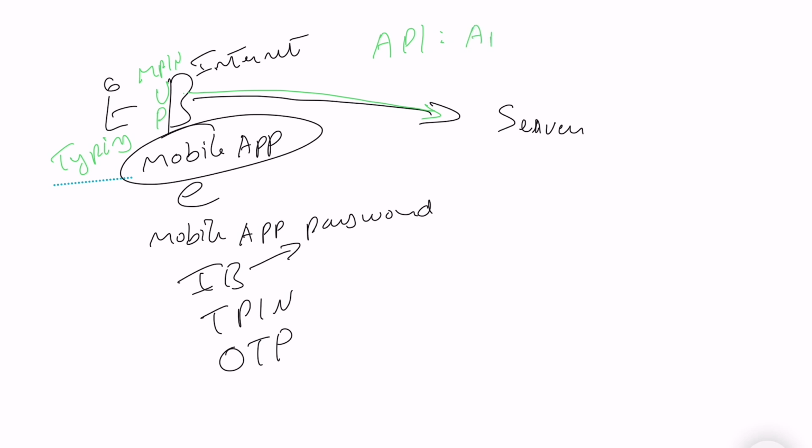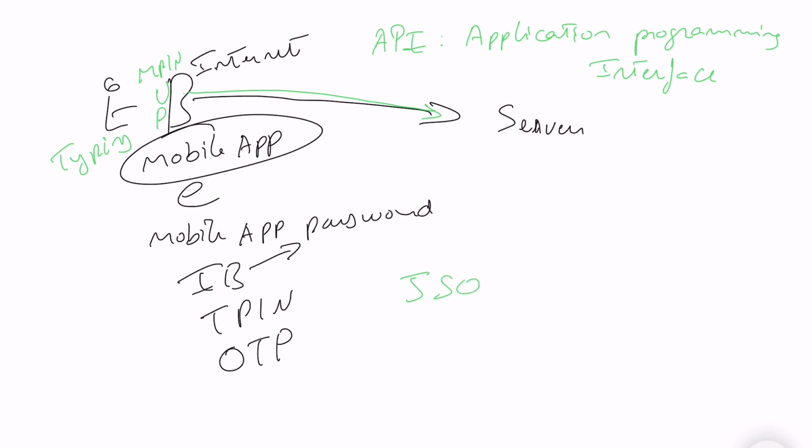The full form is application programming interface. When I say application programming interface, the exchange is very simple. Nowadays most of the entire world follows a specific format called JSON, which is very simple and human readable.